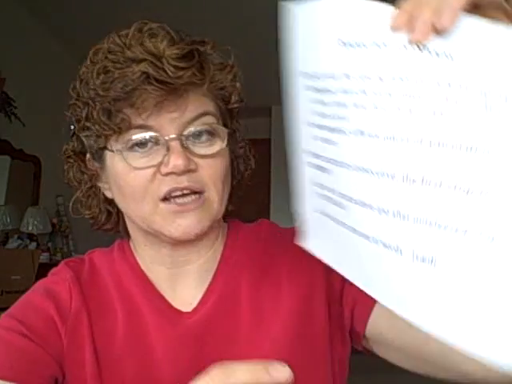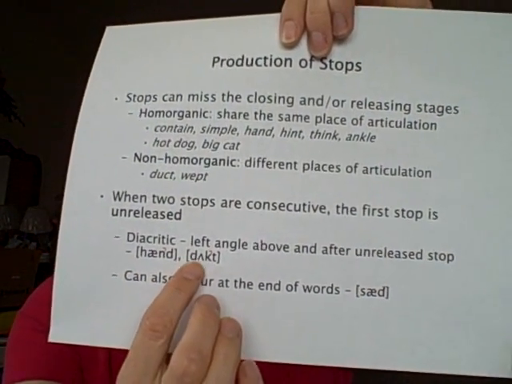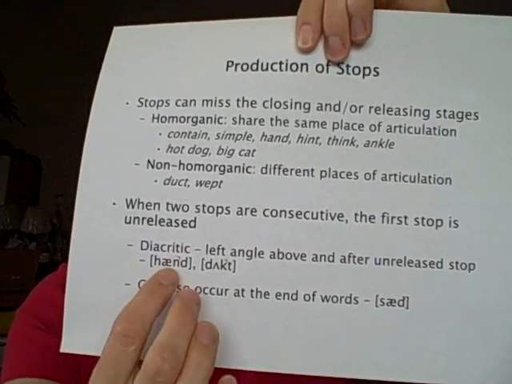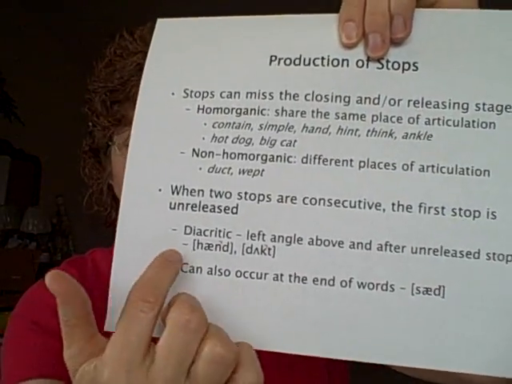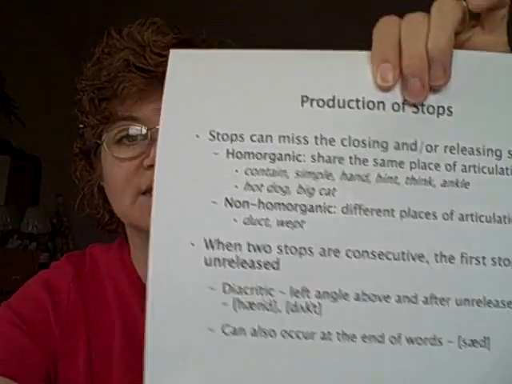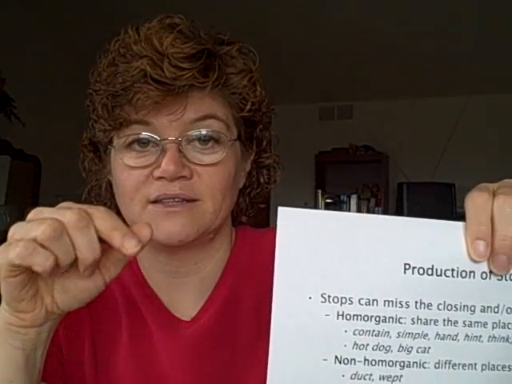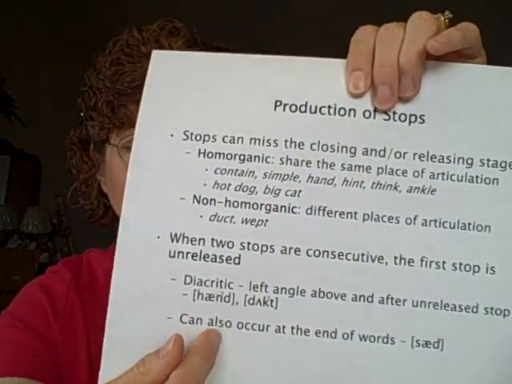In diacritic marking, you can actually see some of the diacritic marks here. In hand and ducked, the n is actually not released in the sound blend. N-d. It is not released. Hand. You actually go directly from the n to the d without releasing it.